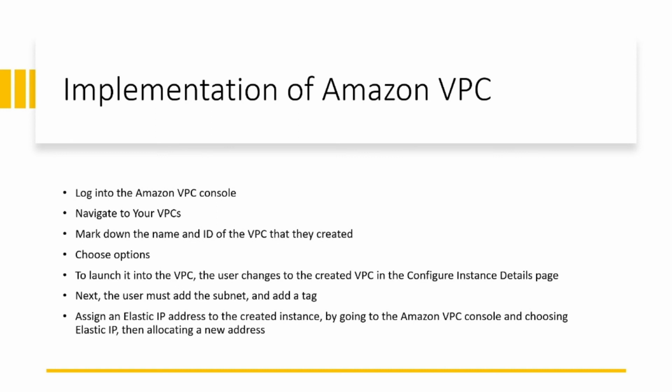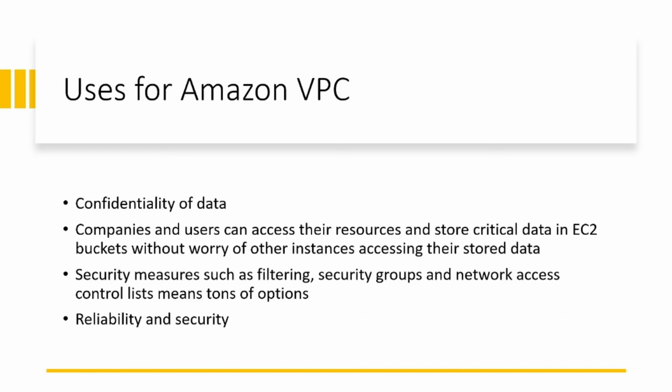And then from there you launch your resources and instances into the VPC, and you're going to want to choose the created VPC in the configure instance details page. And then you add the subnet and add a tag, and then from there, lastly, you assign an elastic IP address to the created instance, and then you go to the Amazon VPC console and choose elastic IP, and then you allocate a new address.